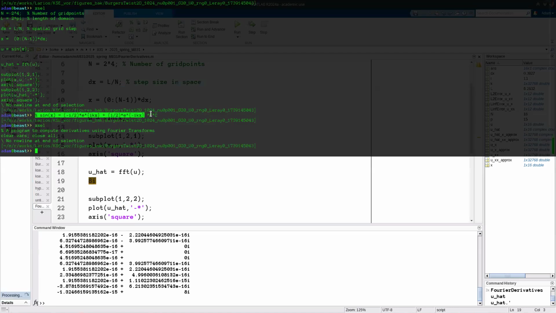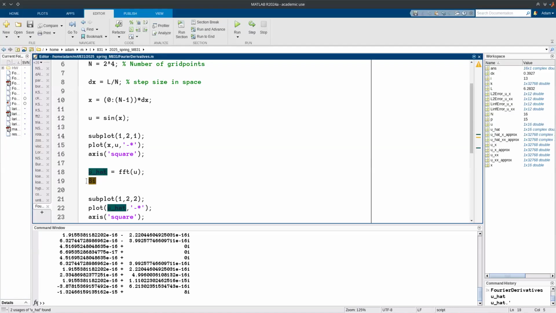If we remember that sine of x can be written, by Euler's identity, as 1 divided by 2i times e to the ix, minus 1 divided by 2i times e to the negative ix, something like this.